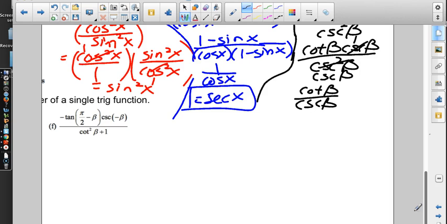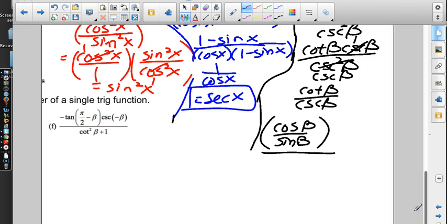If we want a single trig function, I think we're going to have to think of primary functions, and that would be sine, cosine, and tangent. Cotangent is what, in terms of the primary three? Cosine over sine. How about cosecant? 1 over sine.